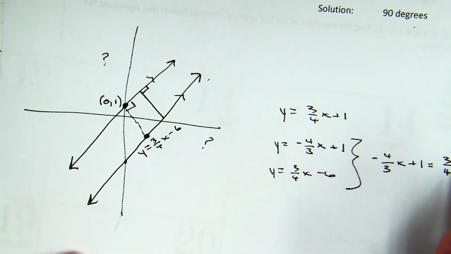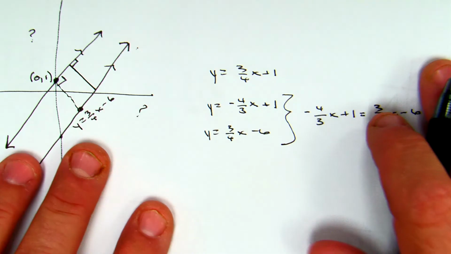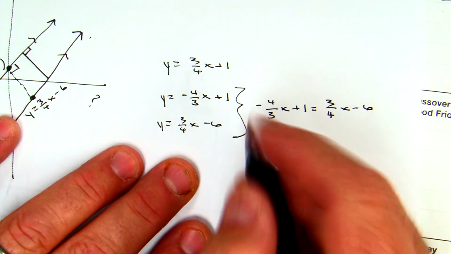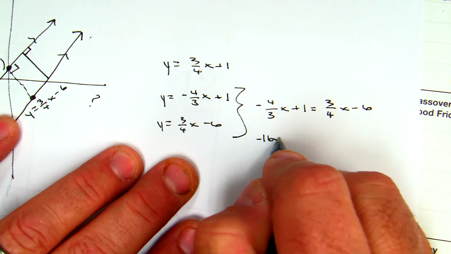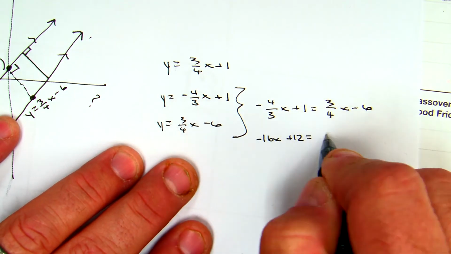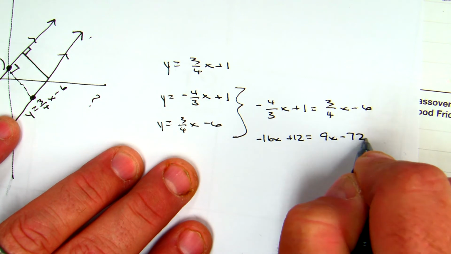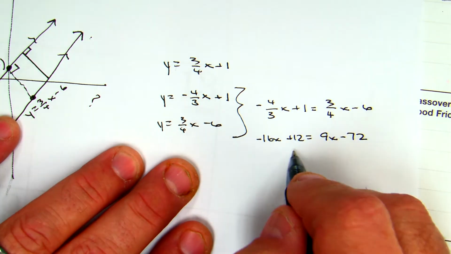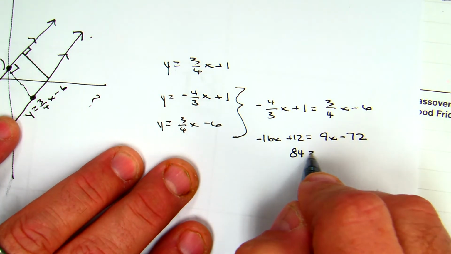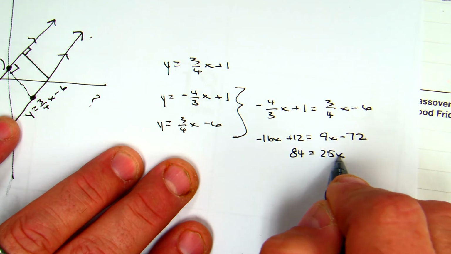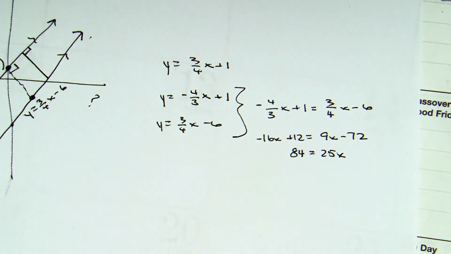So negative 4/3 x plus 1 equals 3/4 x minus 6. If we don't like fractions, we can multiply both sides by 12. When we do, we end up with negative 16x plus 12 equals 9x minus 72. I'm going to add 72 to both sides, add 16x to both sides. I get 25x equals 84.